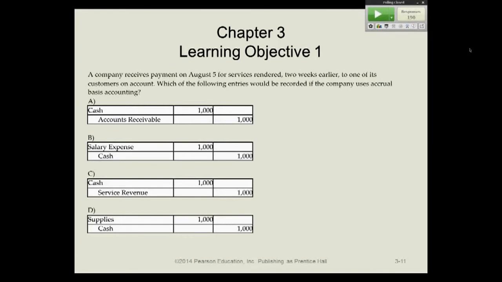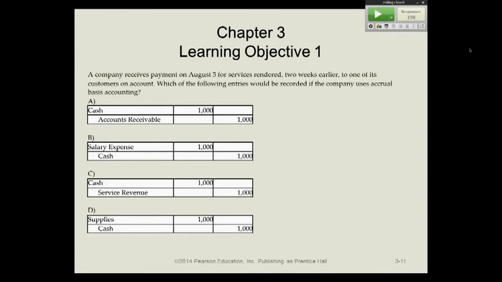So the concept of the accrual basis is that you recognize revenue when the service is performed, regardless of when the cash is collected. Now, I'll get your question in a second.